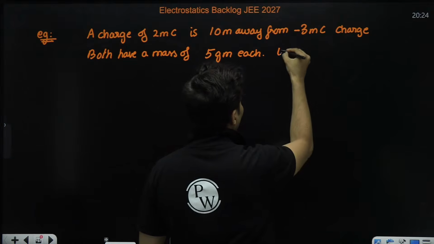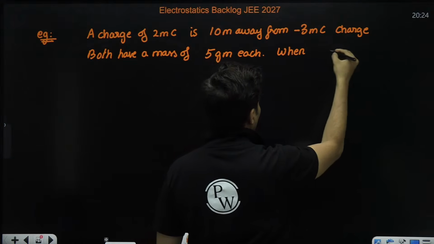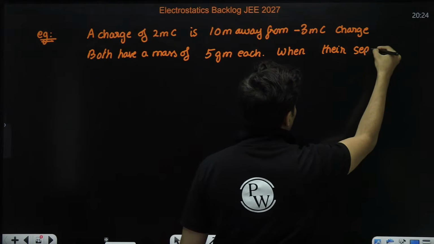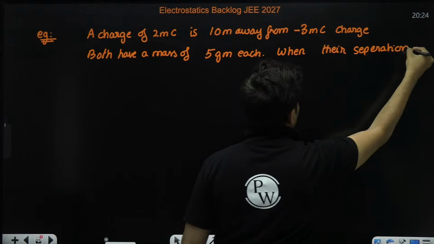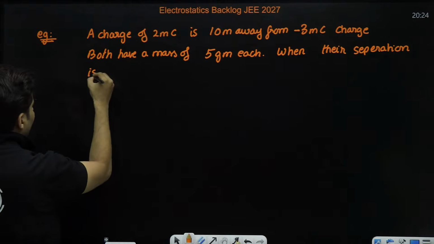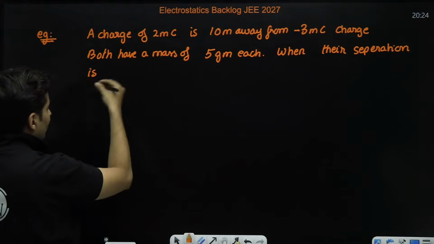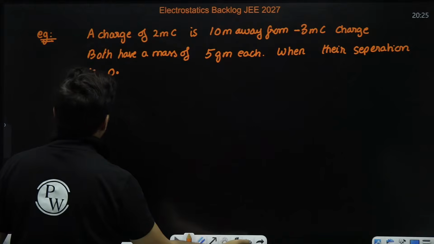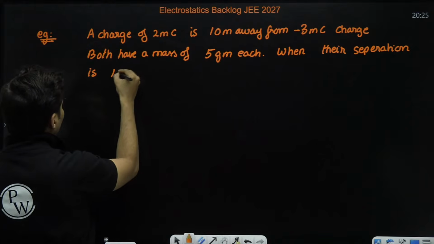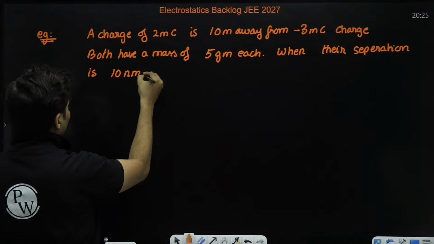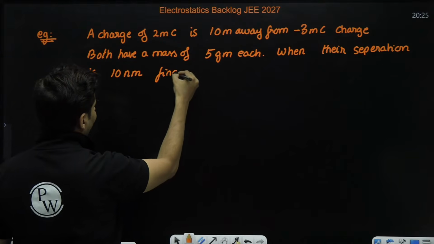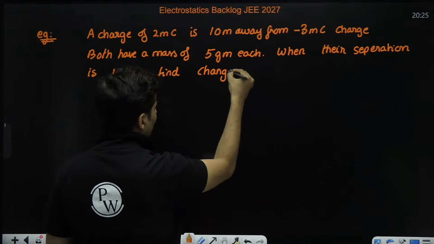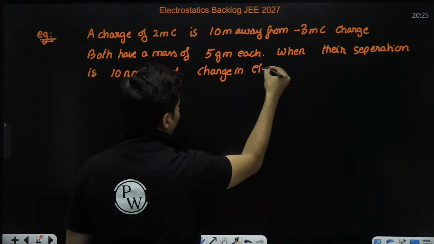So when their separation is, let's say 10 nanometer, find the change in electrical potential energy.